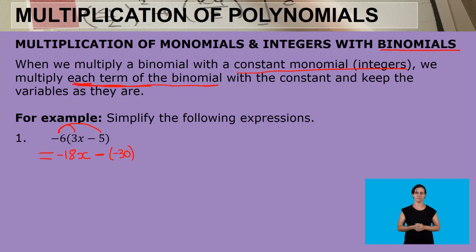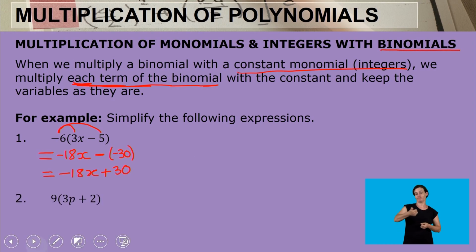Now we have an answer of negative 18x minus a negative 30. Remember, subtracting a negative number is the same as adding its additive inverse. So that is going to be negative 18x plus 30, and that is going to be our final answer there. Let's look at this second example.